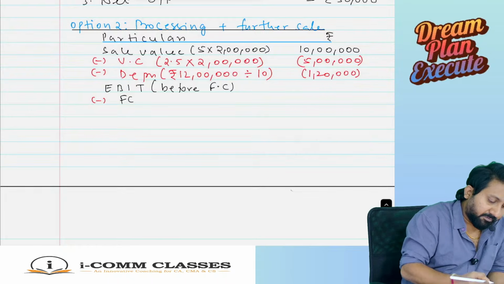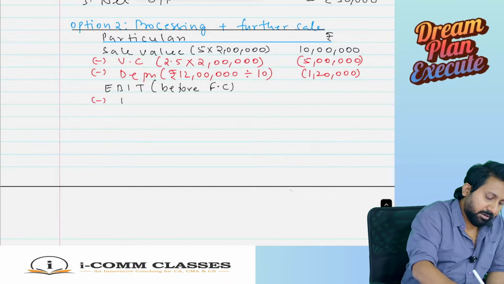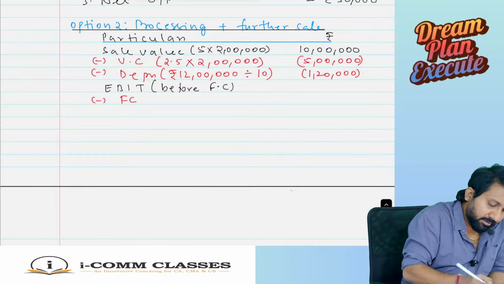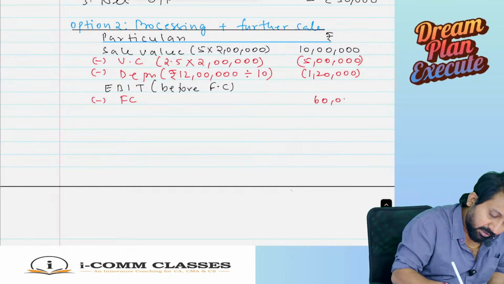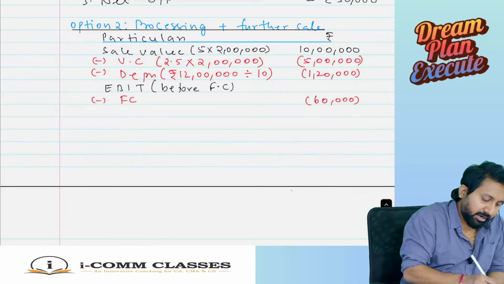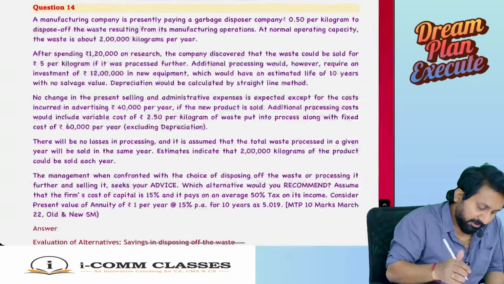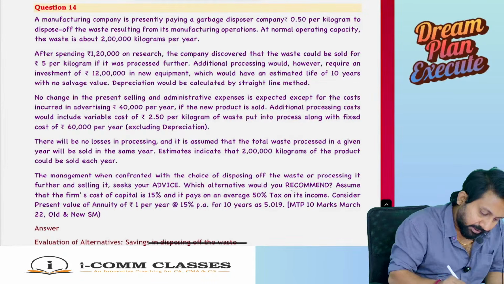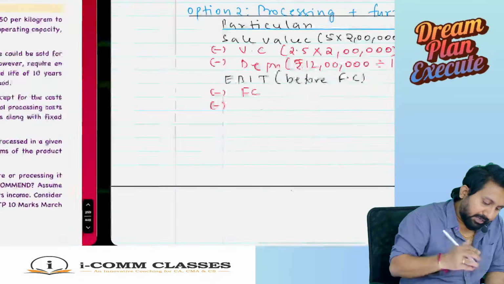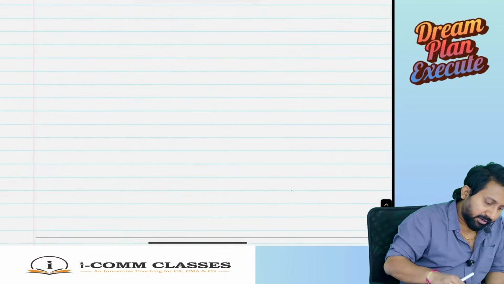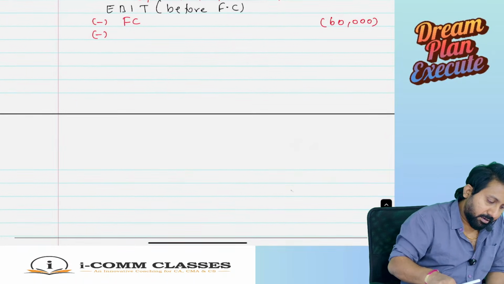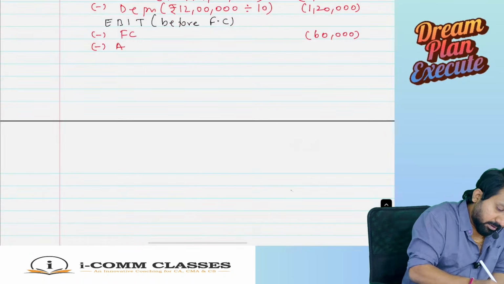Minus the fixed cost. What are all the fixed costs? Please tell me. Given in the question. 60,000. You did not write separately, write down directly. Fixed cost 60,000. Advertisement cost. New product. Okay. Advertisement cost.